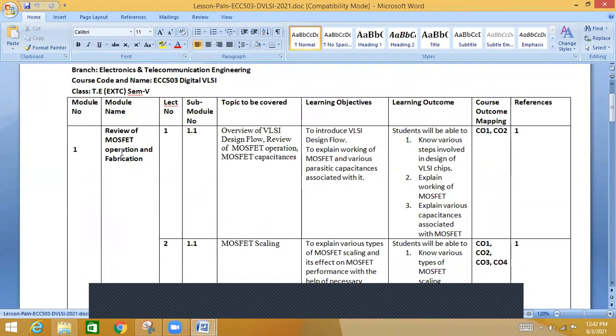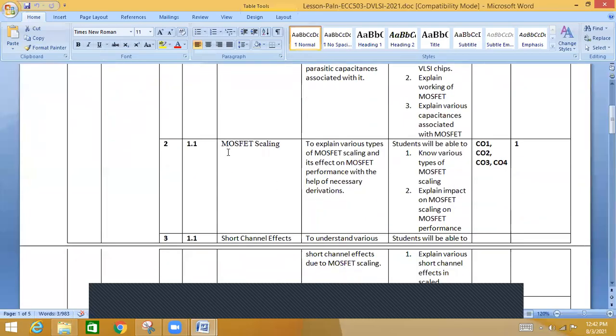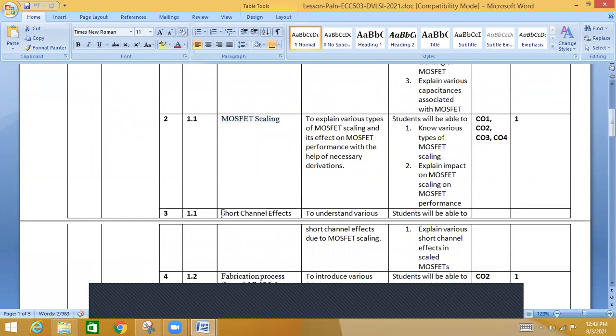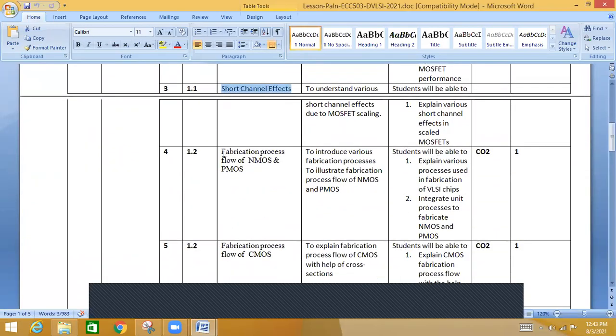This was our first lecture, right? This is our plan. In the first lecture, we saw an overview of MOSFET, review of MOSFET operation, and MOSFET capacitance. Then in the second lecture, we studied MOSFET scaling, explaining the various scaling. In the third lecture, we studied short channel effects, the various short channel effects. In the fourth lecture, we saw fabrication of NMOS and PMOS.